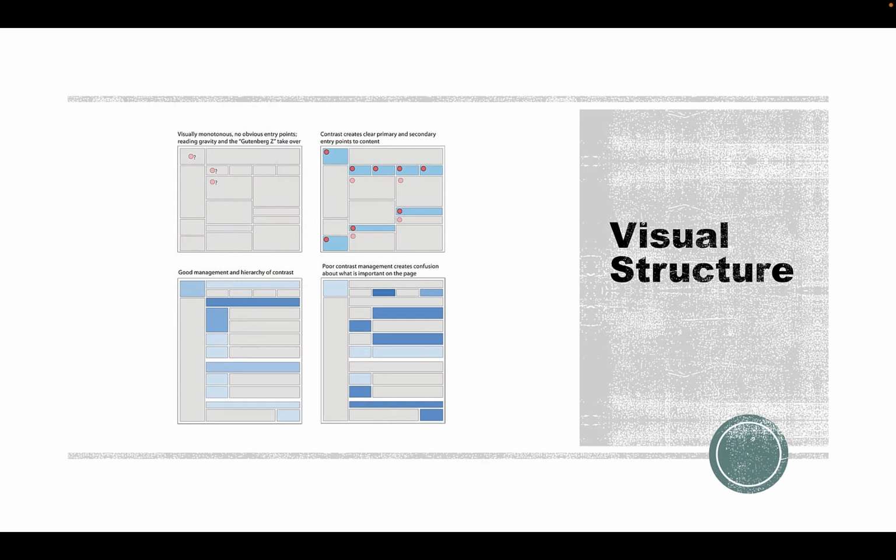This slide is talking about the visual structure and the general way that you organize information on the page. And there's a couple examples of how to put everything together. So like this one, nothing is standing out. It's very unclear because nothing is being communicated across.